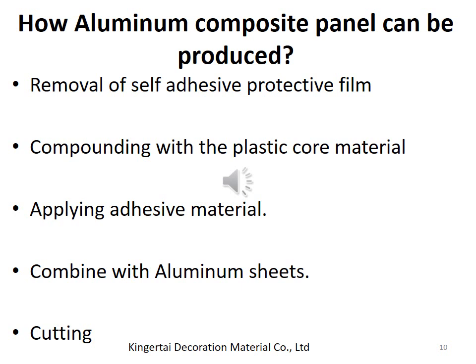The aluminum sheets coated with fluorocarbon resin can enter the process of compounding with the plastic core material. The plastic core material is also essentially three-layer, with plastic in the middle and adhesive on both sides. The aluminum sheets and adhesives can be produced separately or by three-layer formation.